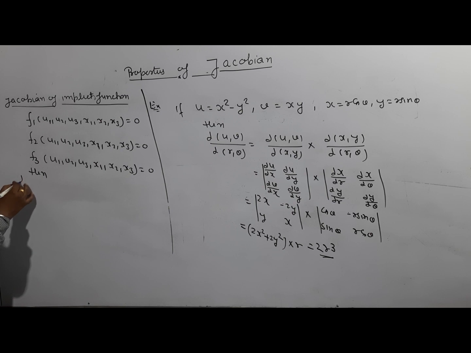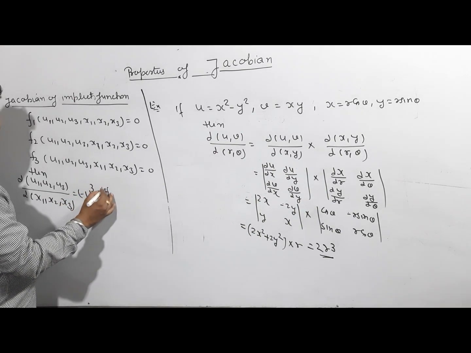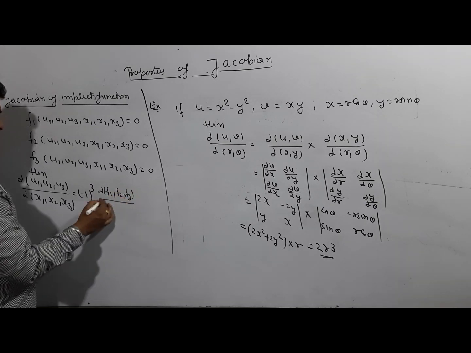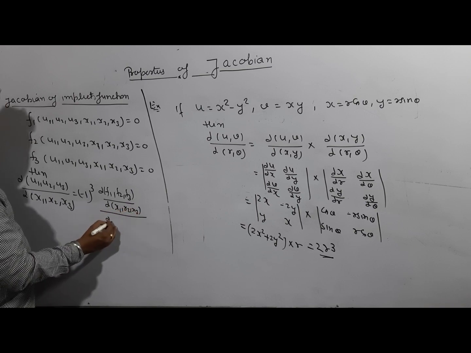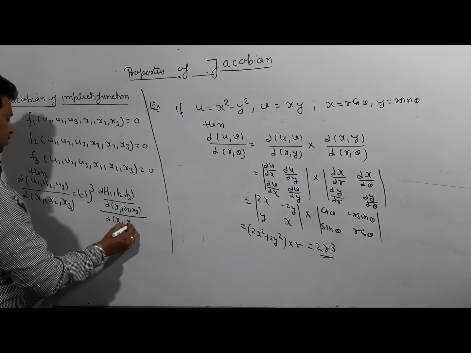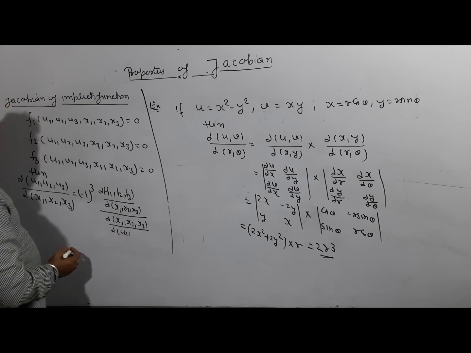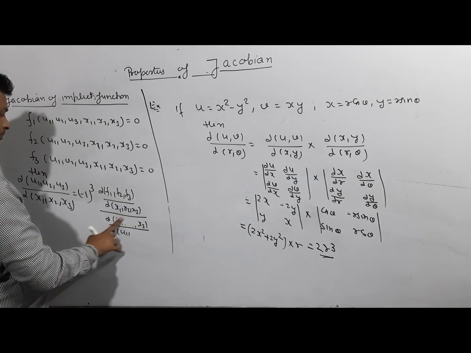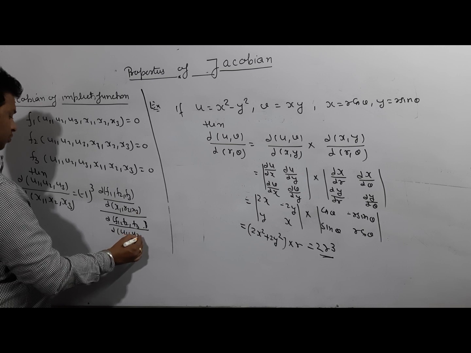Then the Jacobian of u1, u2, u3 with respect to x1, x2, x3 is equal to minus 1 to the power cube, del f1, f2, f3 upon del x1, x2, x3 divided by del f1, f2, f3 upon del u1, u2, u3.